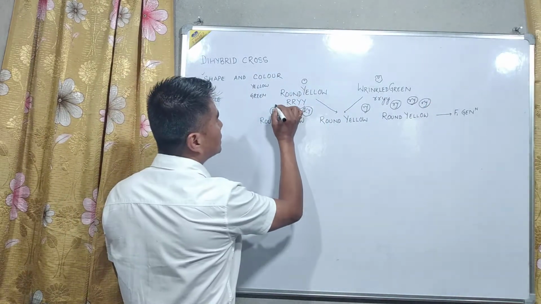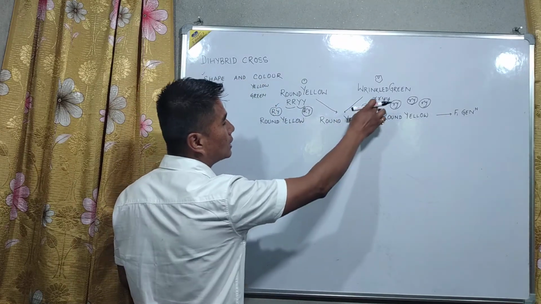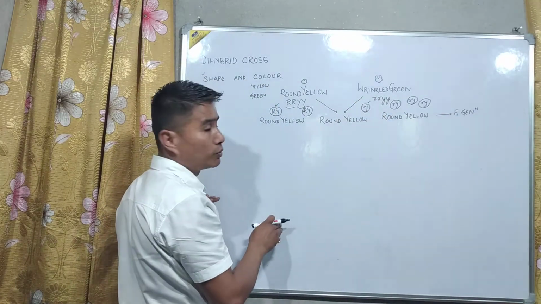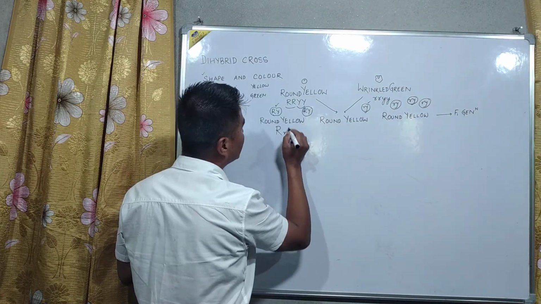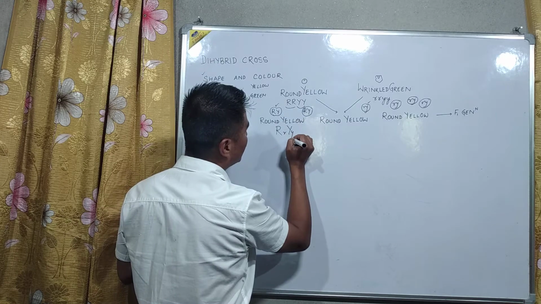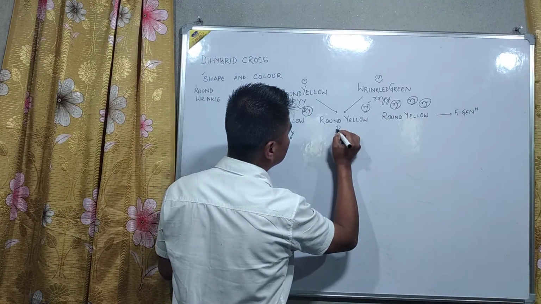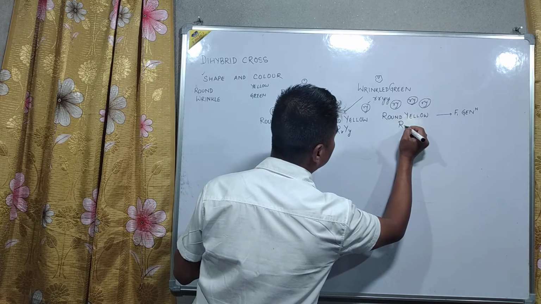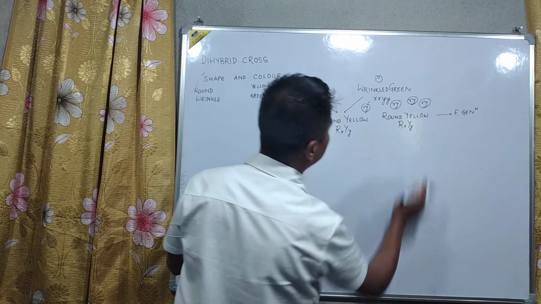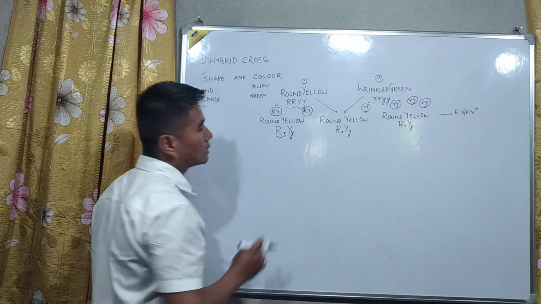Now let us take for a chance if this got a chance to unite with this gamete. Suppose this is inside the ovule. Then we'll have capital R and small r, capital Y and small y. Or if this got a chance with this, here also same. So that means capital R is with small r.